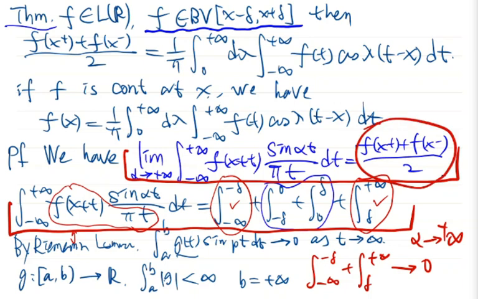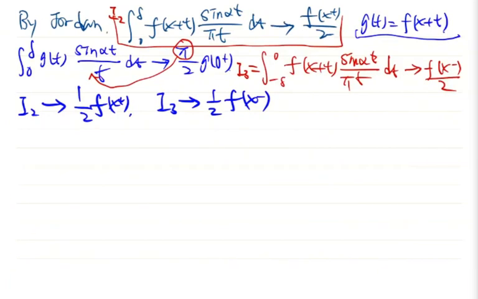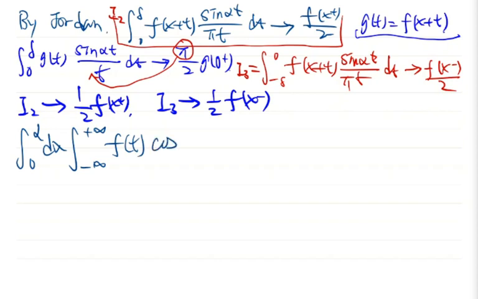Now, with this result, we can easily prove the conclusion of the Fourier integral theorem. Consider this integral, the integral from 0 to alpha d lambda, from minus infinity to positive infinity, f(t) cosine lambda(t minus x) dt.